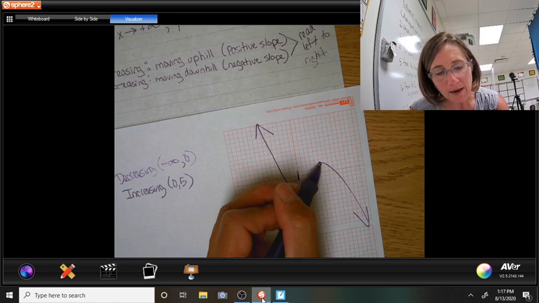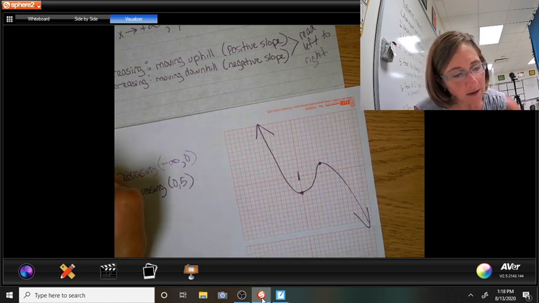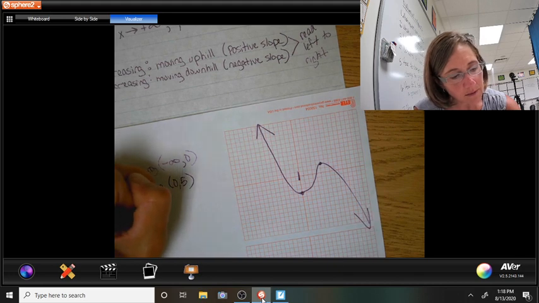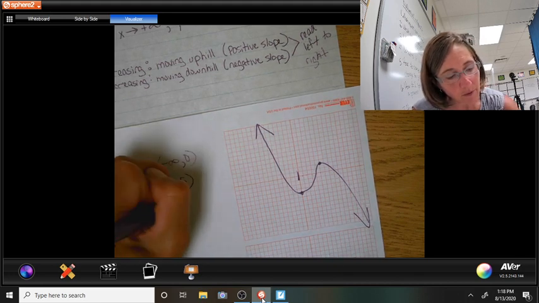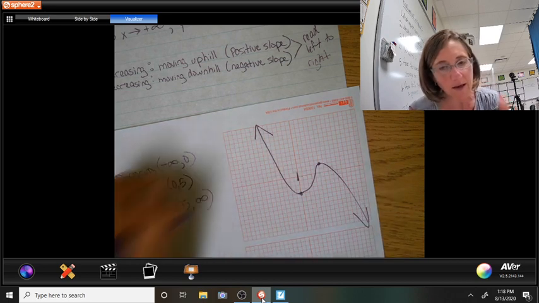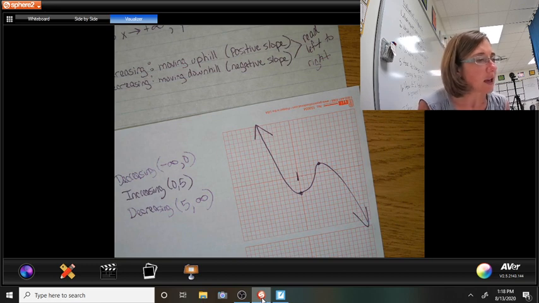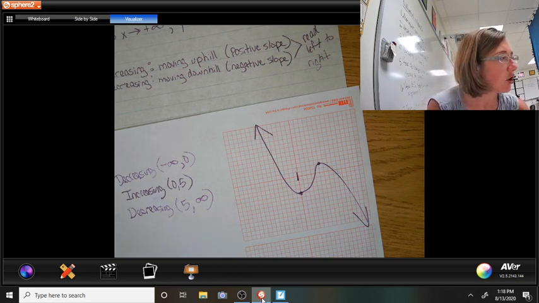And then what happens after I get to 5? Well, it heads back downhill. So it's going to be decreasing again on the interval from 5. And it does that forever. So I'm going to put an infinity here. So it goes down forever. So there's increasing and decreasing for you.